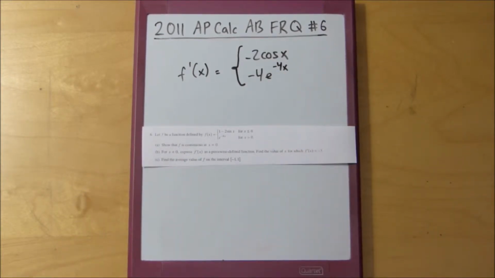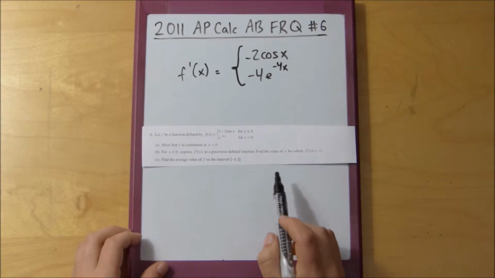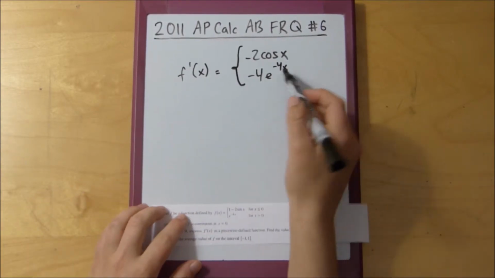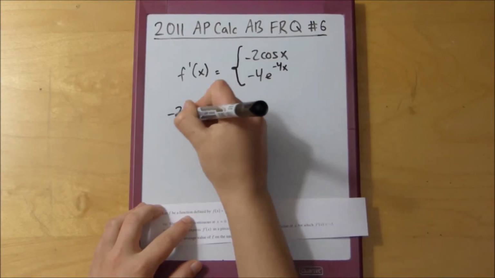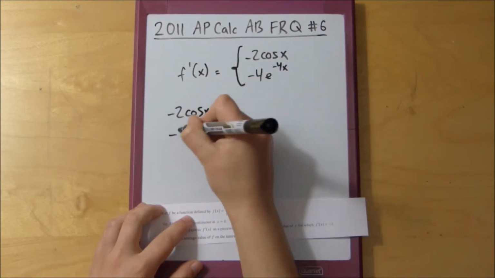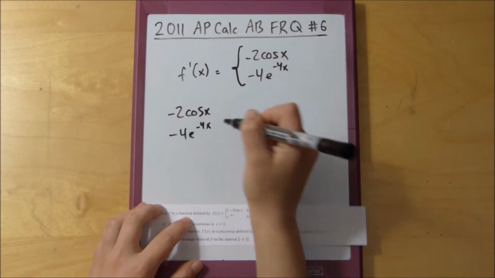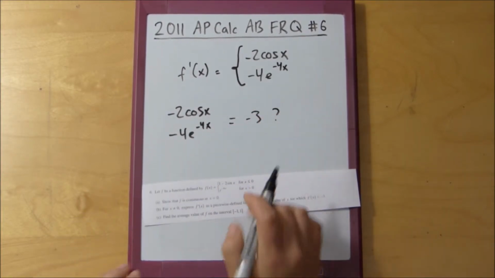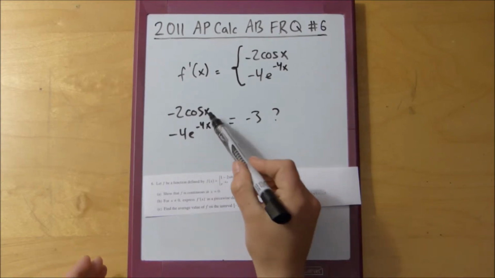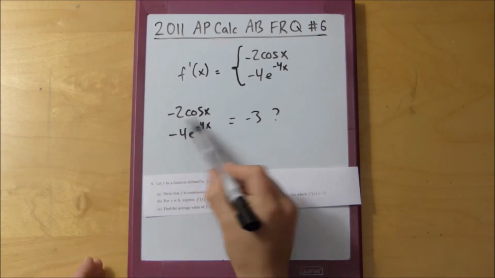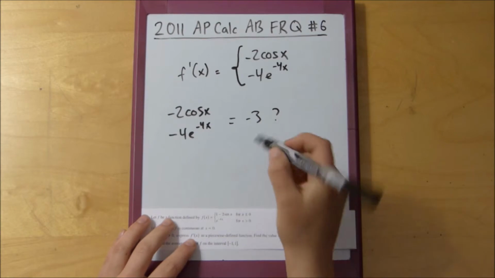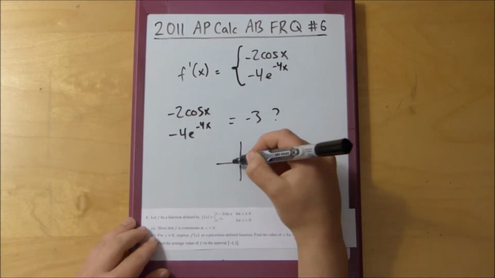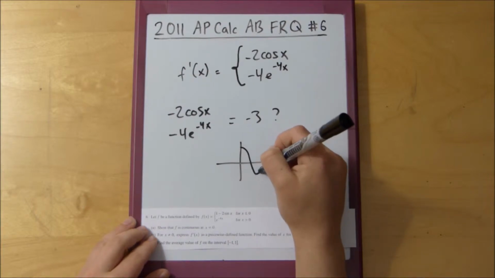And then the second part of the question asks us to find a value of x for which f prime of x equals negative 3. Now when we look at these two equations, which one equals negative 3, right? Well, if we look at the cosine of x part of the derivative, we know that cosine starts up here.